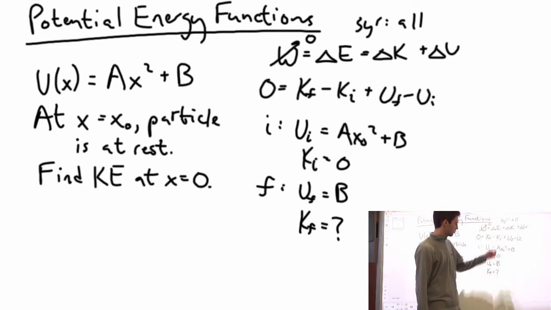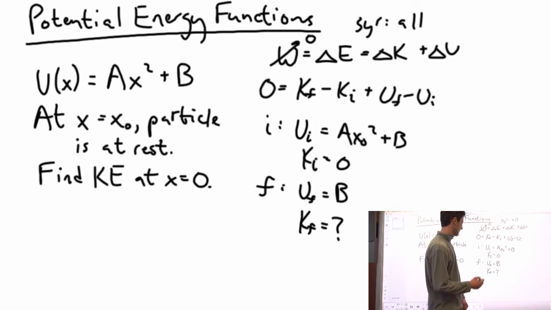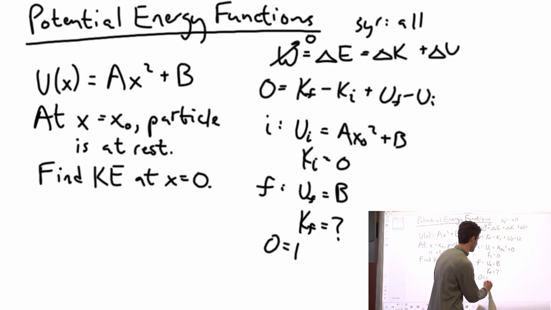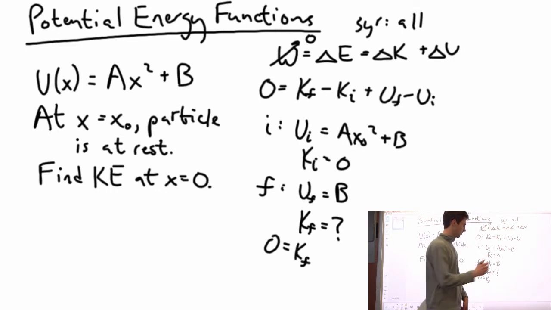At this point, I can just plug into this equation right here. I can say 0 for K initial, K final is the variable I'm solving for, plus a x naught squared plus b minus b. If I do that, I'll end up with K final minus 0 plus a x naught squared plus b minus b.